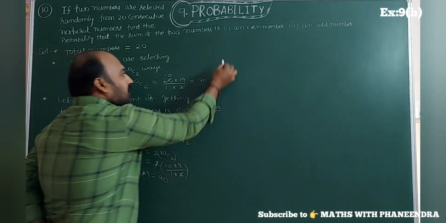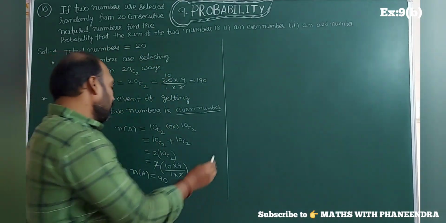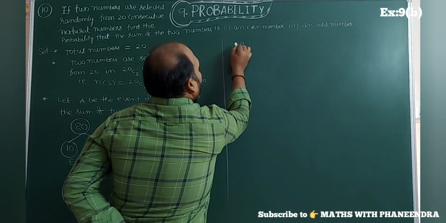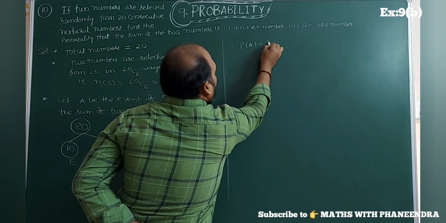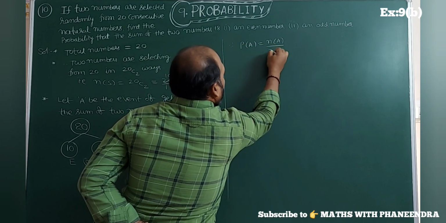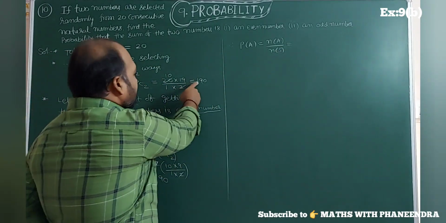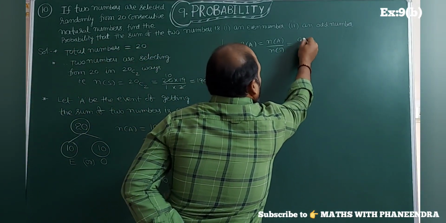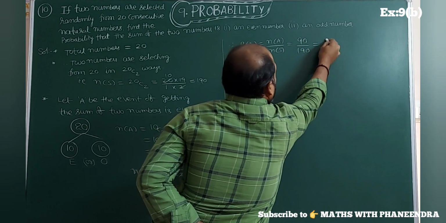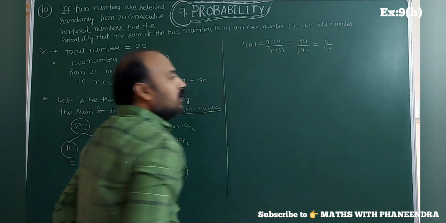Therefore, the probability P of A is equal to n of A by n of S. What is n of A? 90. n of S, 190. So 9 by 19.